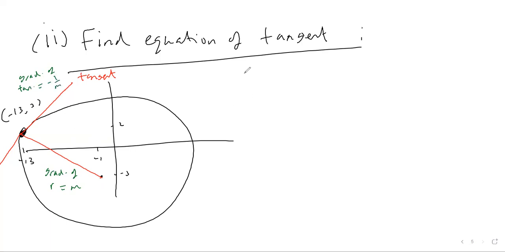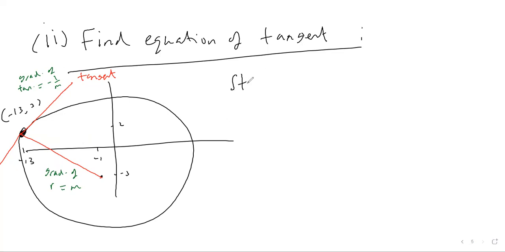So we can use our fact that perpendicular lines have negative reciprocal gradients to get the gradient of this tangent line. When we use the y = mx + c formula for the straight line equation of the tangent, we know our gradient is going to be the negative reciprocal of the radius gradient.